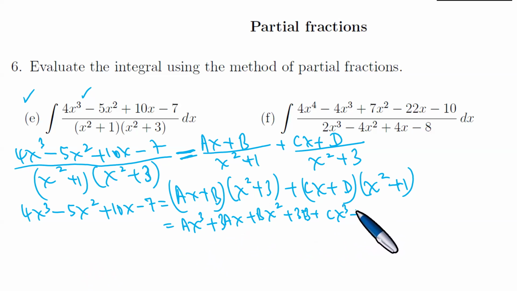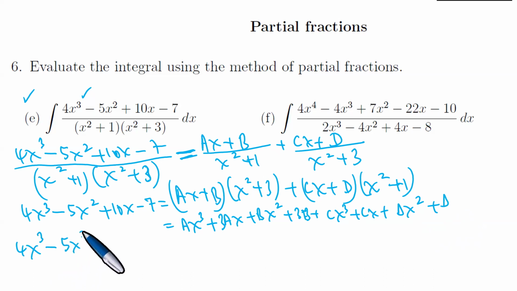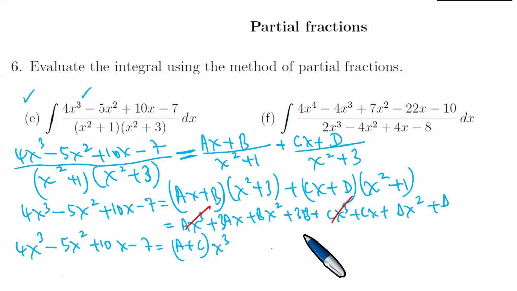Then (cx + d)(x² + 1) gives cx³ + cx + dx² + d, which means I have a + c for the cubic terms. Make sure you don't make mistakes here.